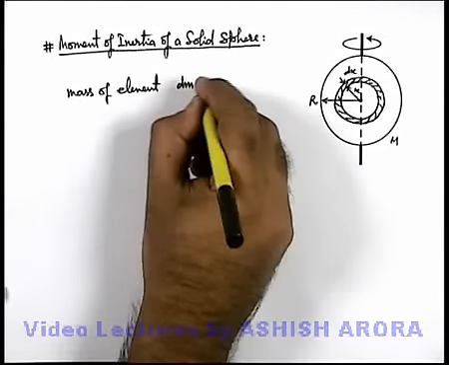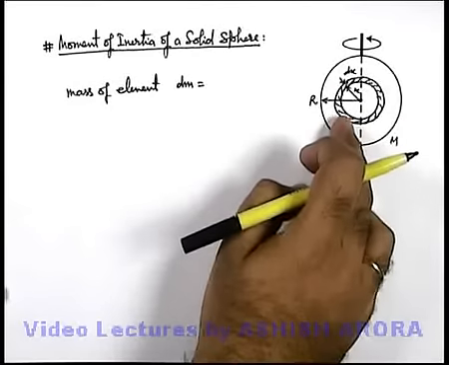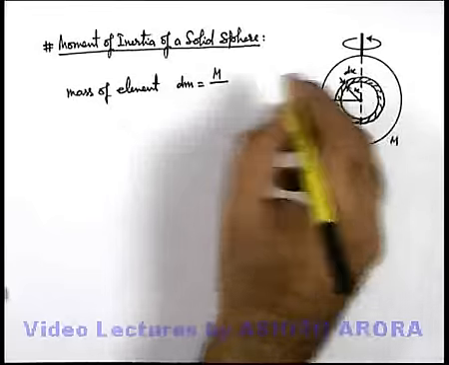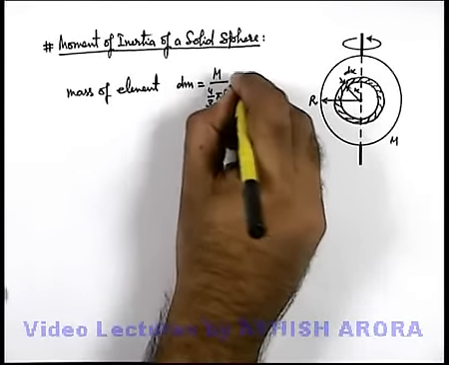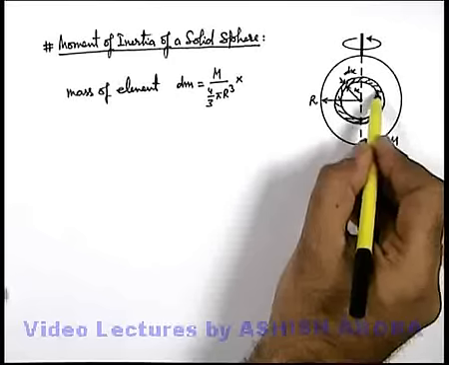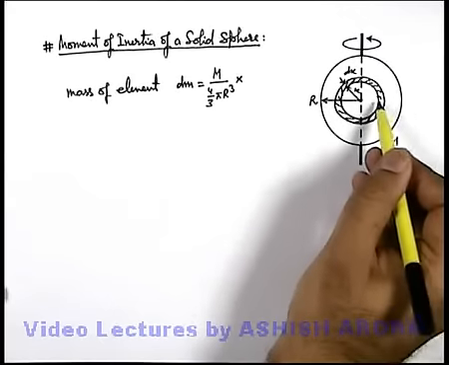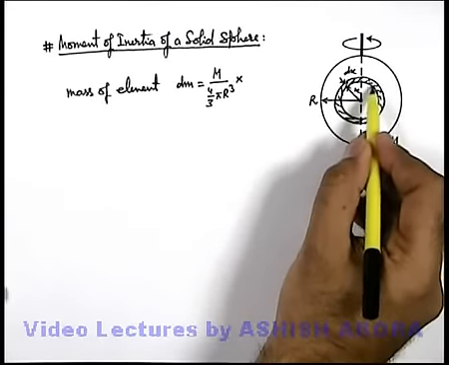dm is the mass per unit volume multiplied by the volume occupied by the elemental shell. So here the total mass is m divided by the total volume, which can be written as 4 by 3 pi r cube, multiplied by the volume occupied by the hollow spherical shell, which we can calculate by multiplying its surface area and the width.